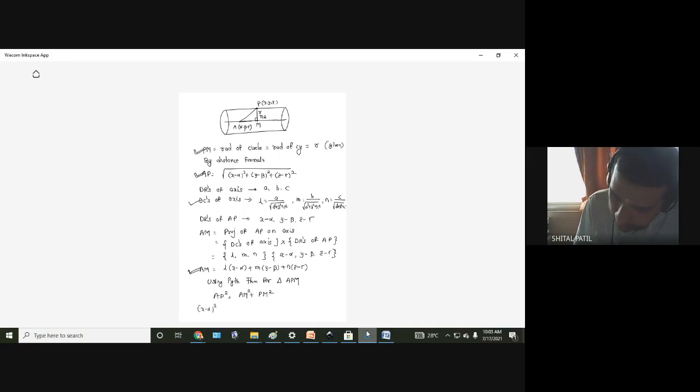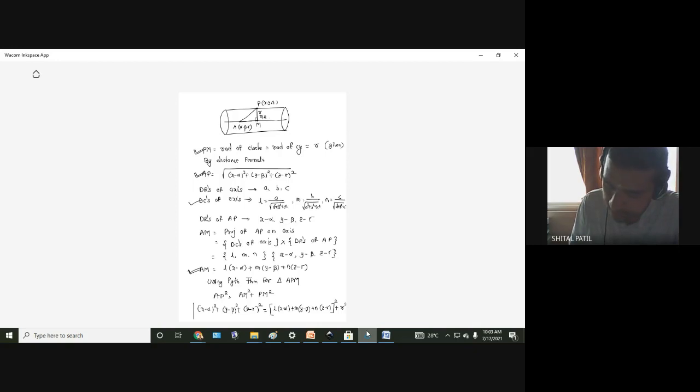X minus alpha square, y minus beta square, z minus gamma square equal to AM. AM भी पता है हमें. Like this, L x minus alpha plus m y minus beta plus n z minus gamma whole square plus PM, that is r square, right?